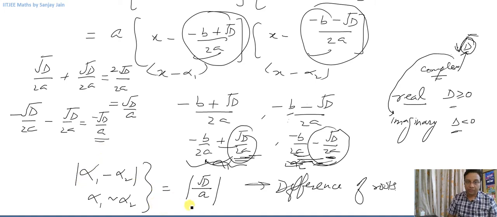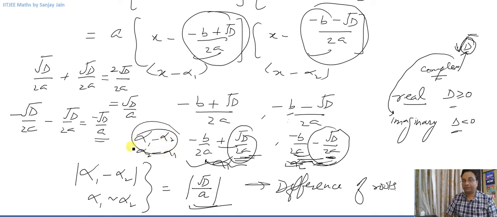So I have used this modulus here and written it as root d by a. This is the difference of roots. Whether you subtract the smaller one from larger one or larger one from smaller one, both are known as difference. So sign will not matter when we are talking about difference. So difference of roots can be found directly by writing root d by a.